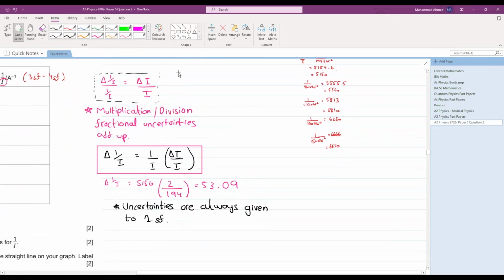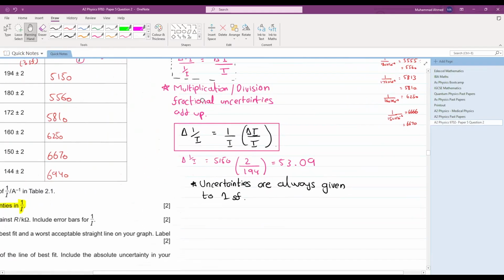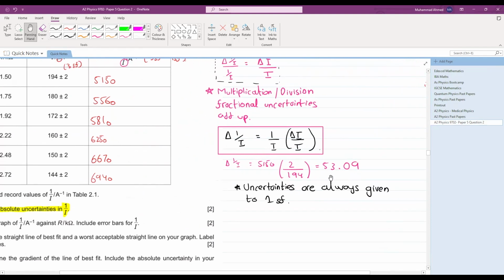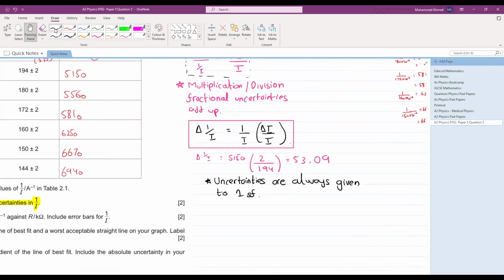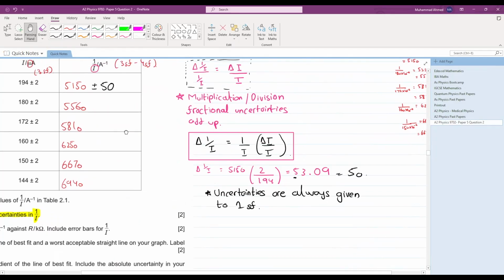Simple. So 53.09, if I make this one significant figure, what will it become? We will only take this first figure. 50 is your answer. Plus minus 50 is your first uncertainty.